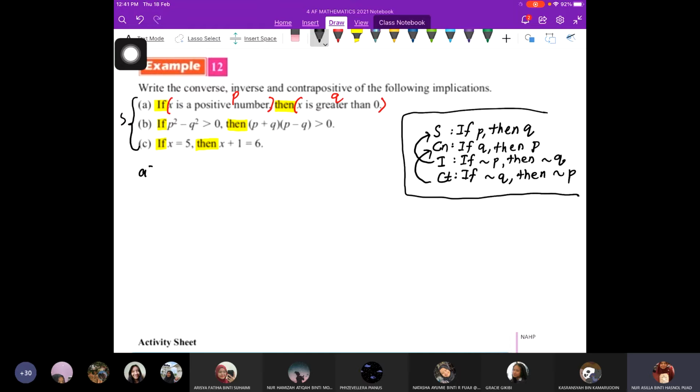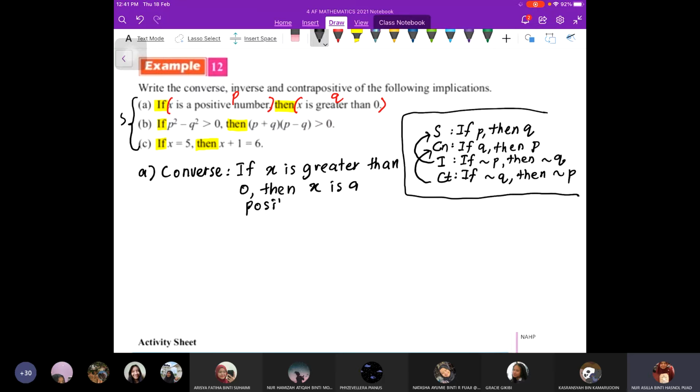So when you write down converse, kita terbalikkan P and Q, so it becomes if X is greater than 0, then X is a positive number.